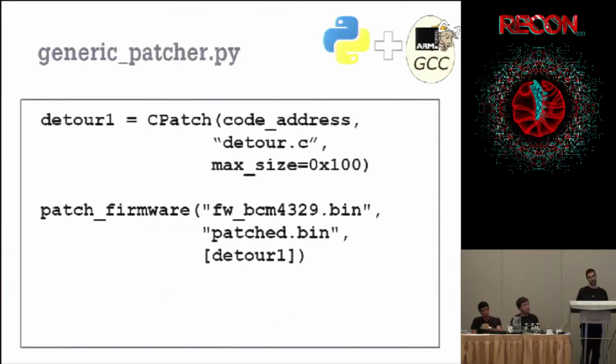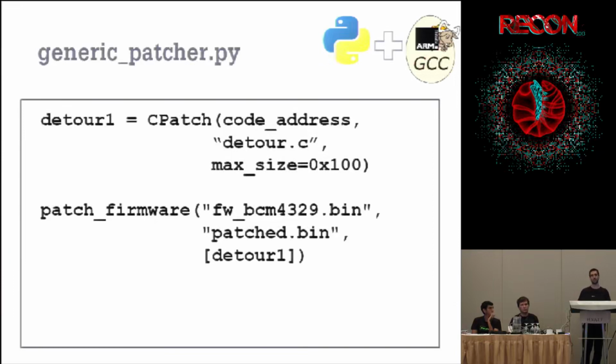This is an example of how it works. What we need to do is just put the destination address for the resulting patch in the firmware, give it the C source file, and state the maximum size for the patch, and that's it.